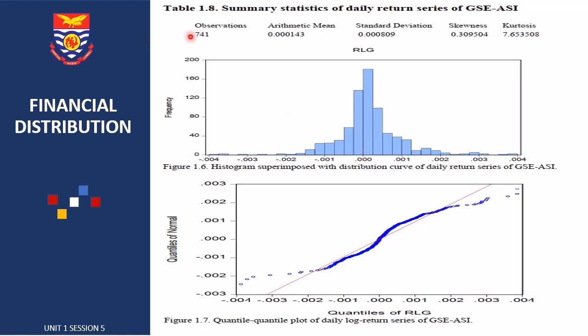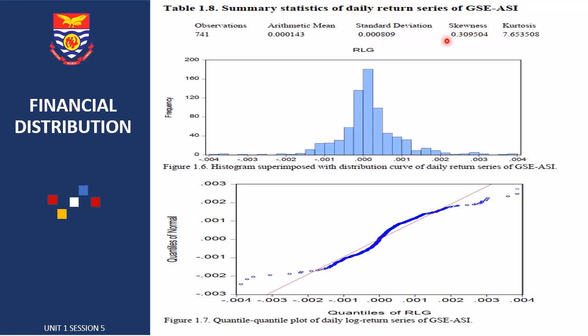So out of the 741 observations, the average return was 0.000143, which is quite insignificant, and we had a standard deviation of 0.00809. What we could also see is that the standard deviation, which is a measure of risk, is higher than the average returns, indicating that there is a higher risk in this market.